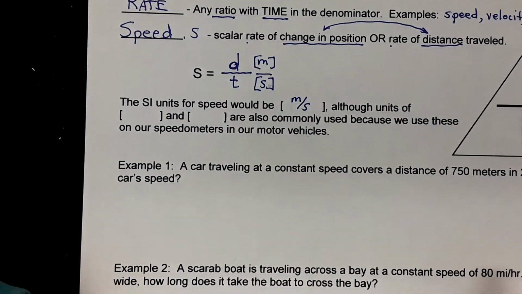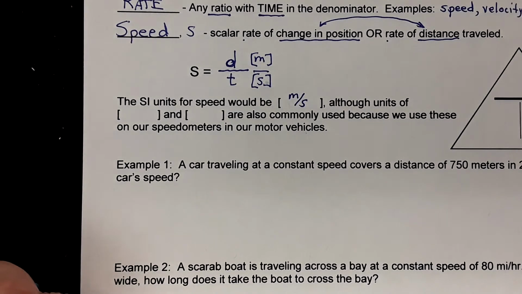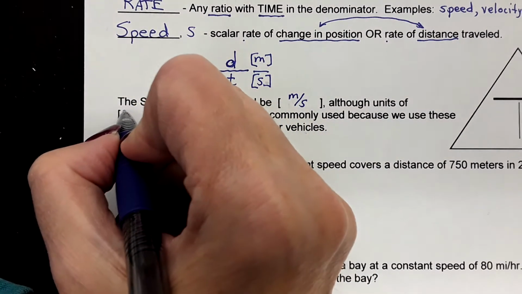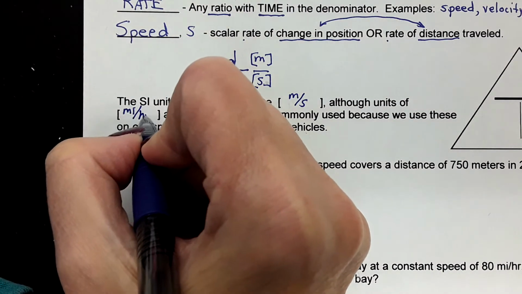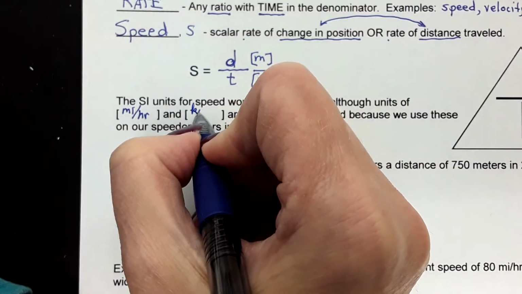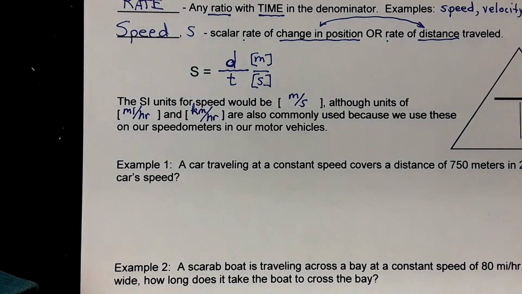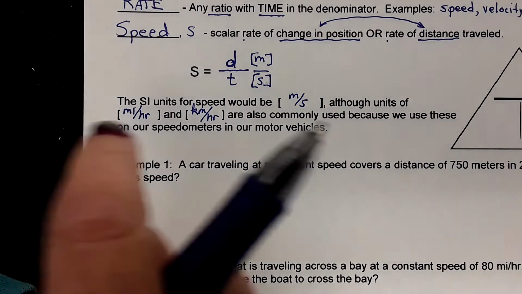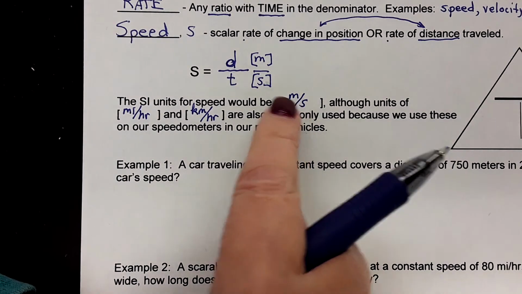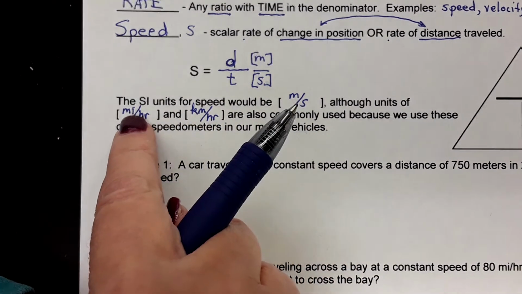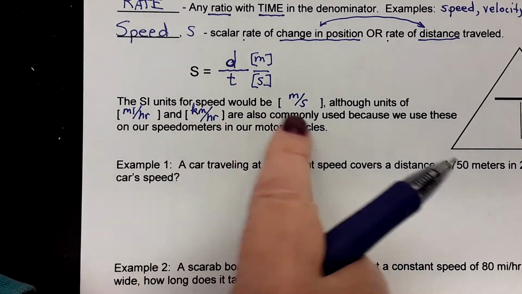Now that doesn't mean there aren't other ways to measure speed. Of course there are. You see it in your car on your speedometer all the time. You see miles per hour and you see kilometers per hour. And it's okay to use those if they're in the problem, as long as you don't try to mix meters, kilometers, and miles with hours and seconds.